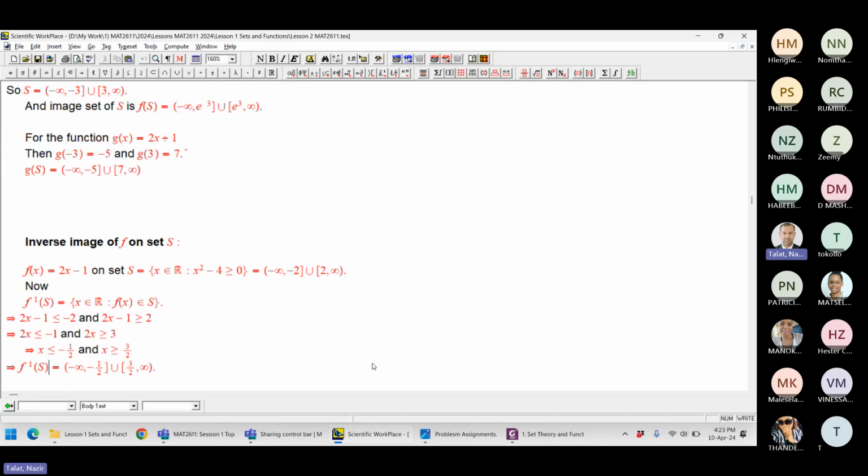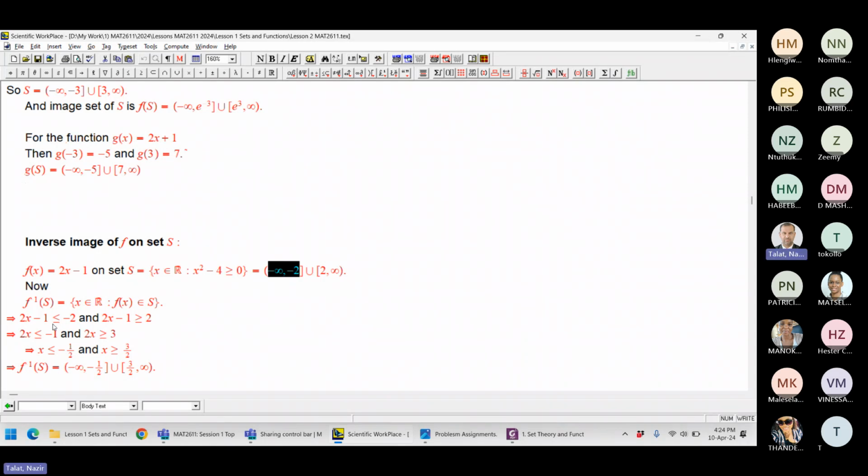Now we need to obtain all those values for which f inverse of S, like all those real numbers where f of x belongs to S. Now when f of x belongs to S, f of x is equal to 2x minus 1. And we take 2x minus 1 less than or equal to minus 2, because the left hand side contains all those elements which are less than minus 2.